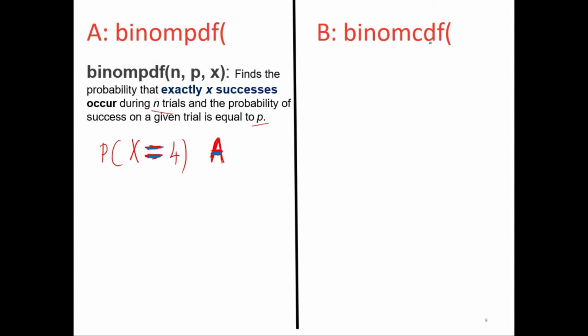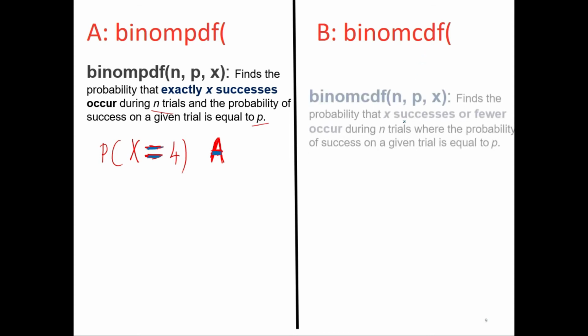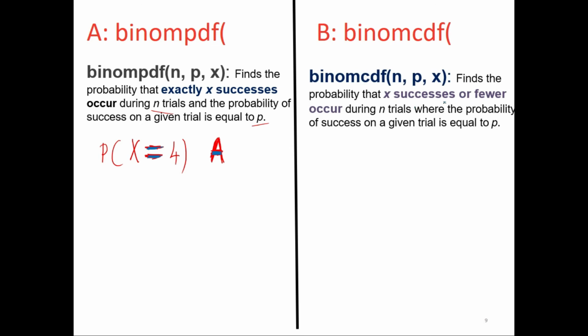Option B, binomial CDF, is used whenever you have an inequality. You can see it's x or fewer successes occurring during n trials.